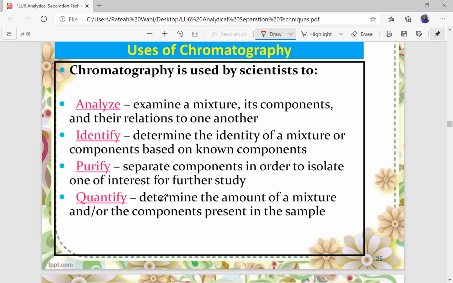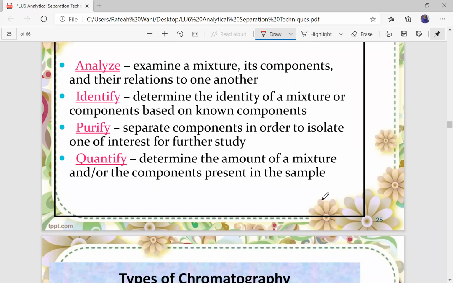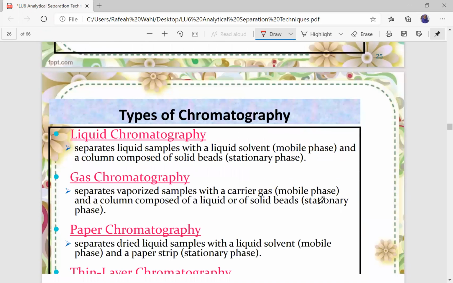Or for quantification, meaning you determine the amount of a mixture and or the components present in the sample. So these are four different applications of chromatographic analysis.